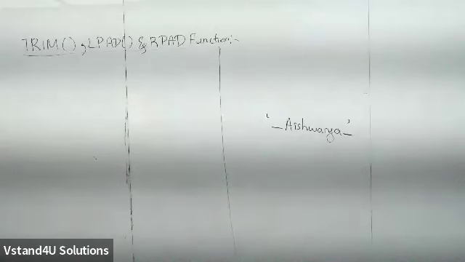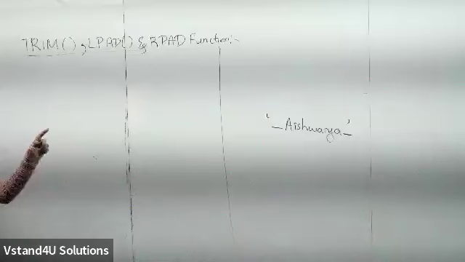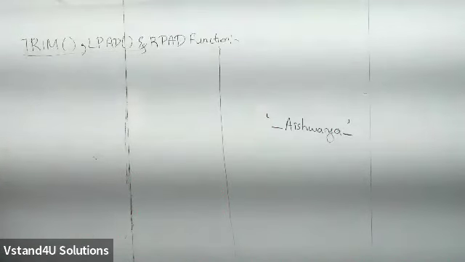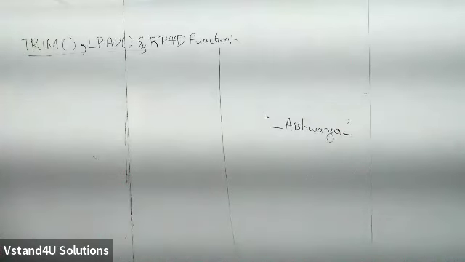So before the string, if you have space, what is it called as? Leading space. After the string, if you have spaces, then it is called as trailing space. So when will you use this trim function? Whenever you want to remove spaces, either from the starting of the string or ending of the string, then you will be using this trim function. Okay?